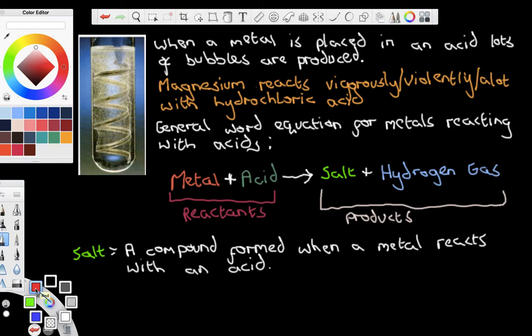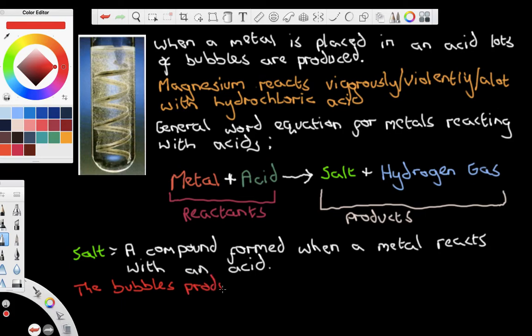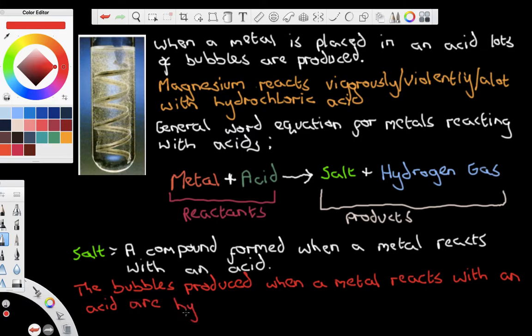So we can add in red before we move on that the bubbles produced when a metal reacts with an acid are hydrogen gas.